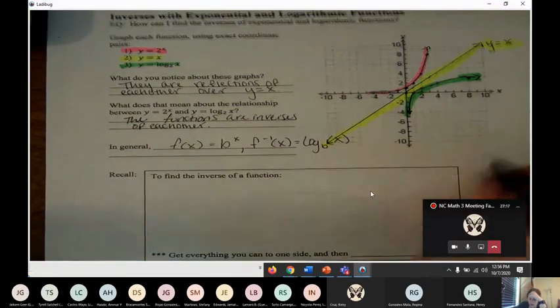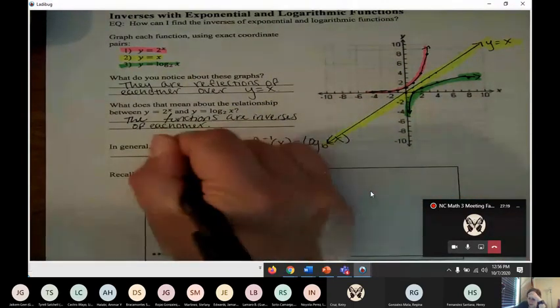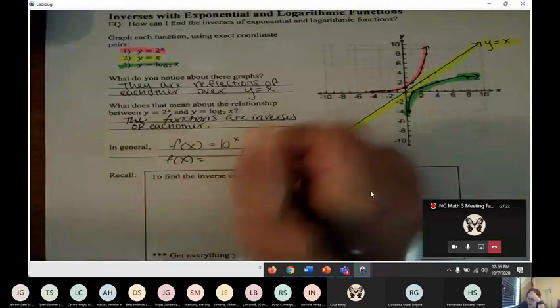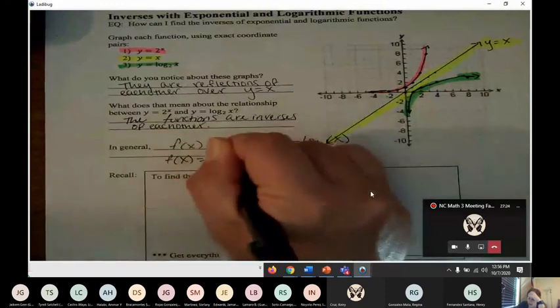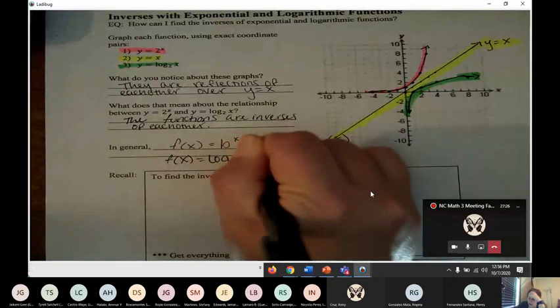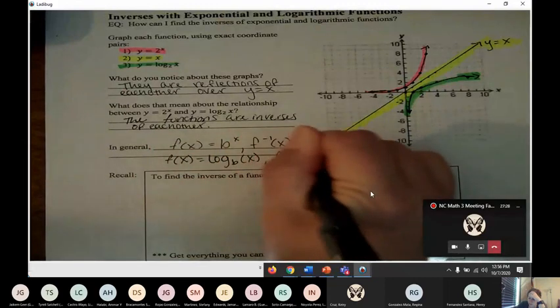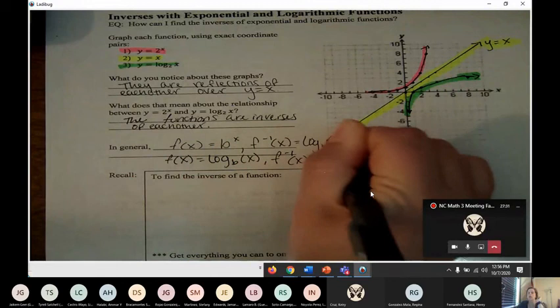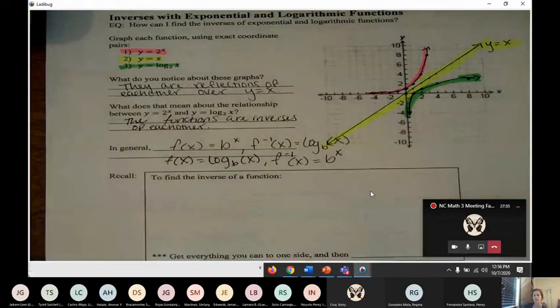Okay, similarly, if you had an original function, this is literally the same thing but backwards. If your original function was log base b of x, your inverse function would be b to the x. Okay, those are inverses of each other.